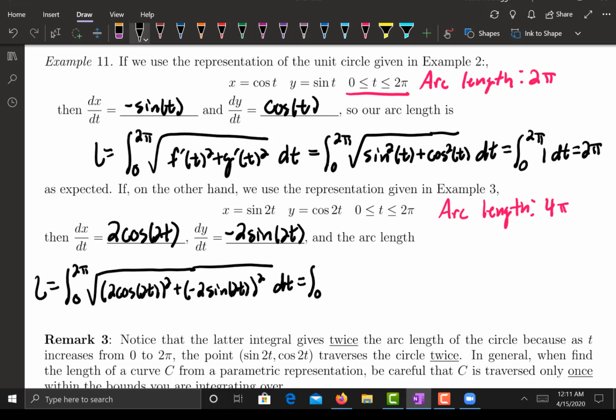I can rewrite that as the integral from 0 to 2 pi of the square root of 4 times (cosine of 2t squared plus sine of 2t squared).